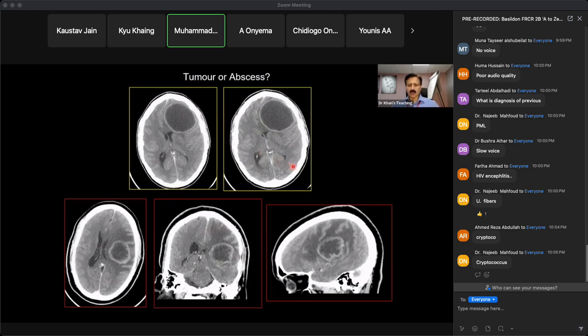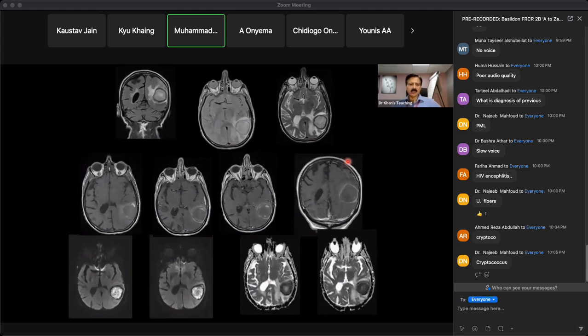Now, on a CT scan with enhancement, one of the parameters which you have to describe to the examiner is the enhancement pattern. If the wall is smooth and uniform, it is more likely to be an abscess, but if it is nodular and irregular, it is more likely to be a tumor like this. Having said that, there is so much overlap that we are not very good.